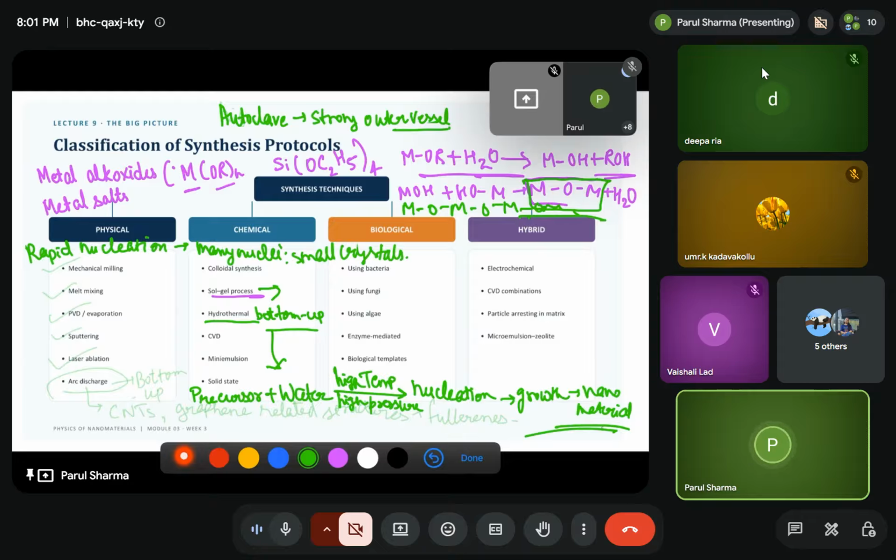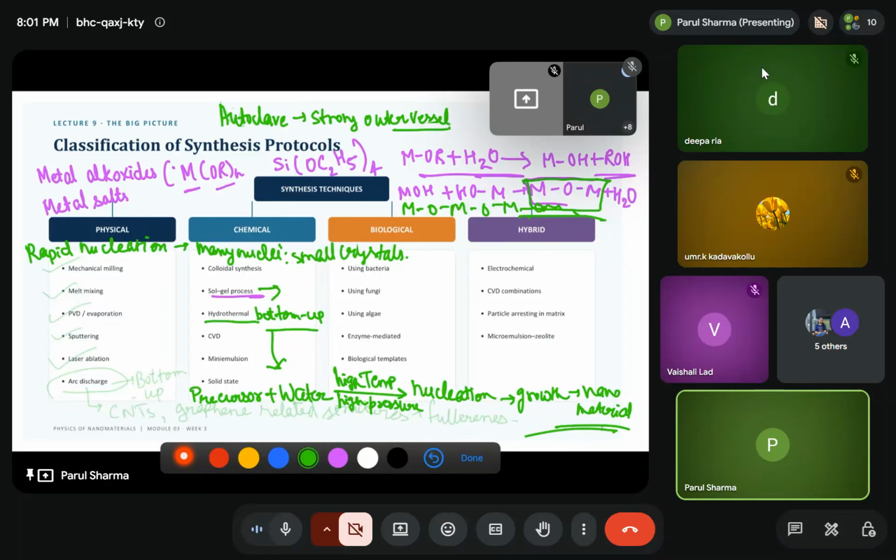If nucleation is slower and growth dominates, then what will happen? Fewer nuclei but larger crystals. So parameters like temperature, pressure, reaction time, and precursor concentration, all these things we can use to control the particle size.